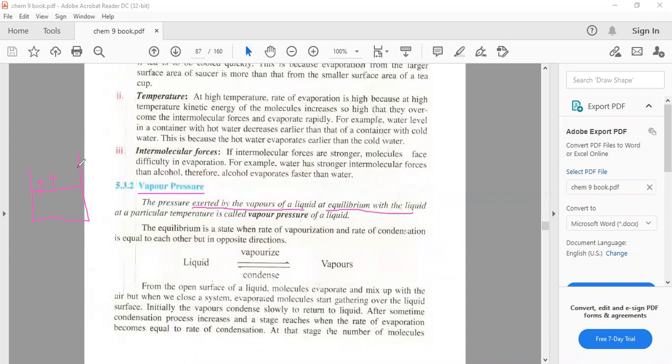When these vapors exert pressure on the surface of the liquid, this is called the vapor pressure.